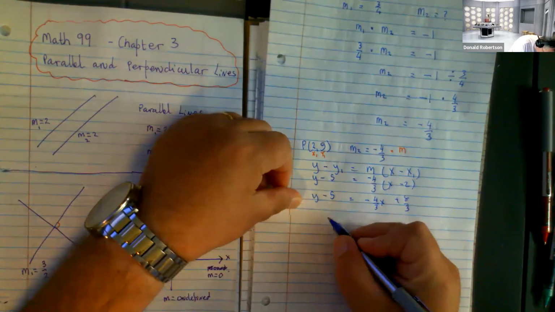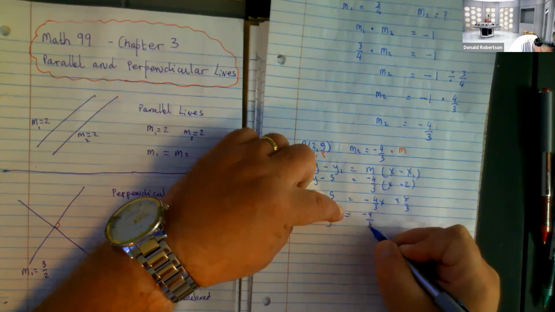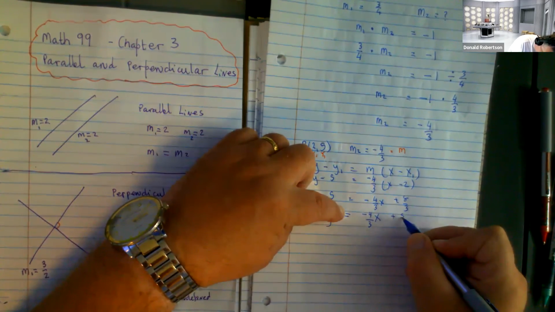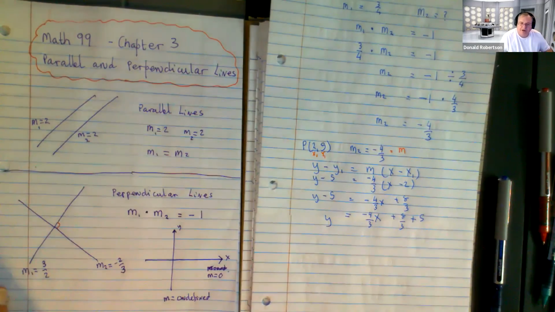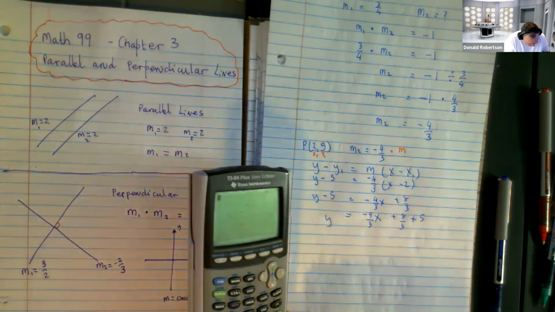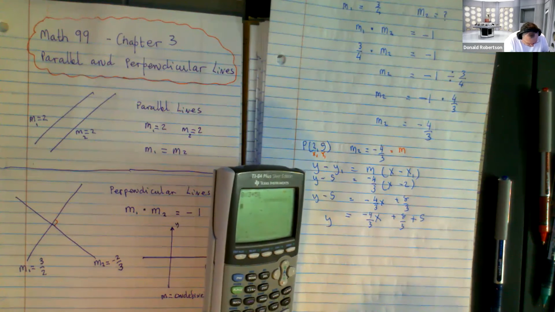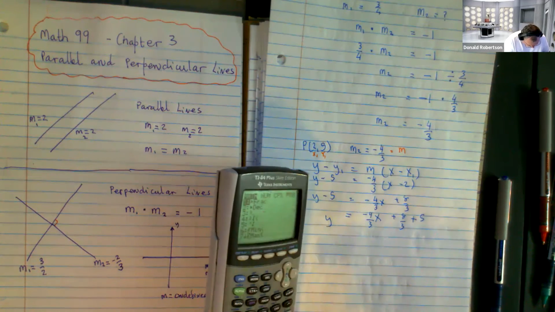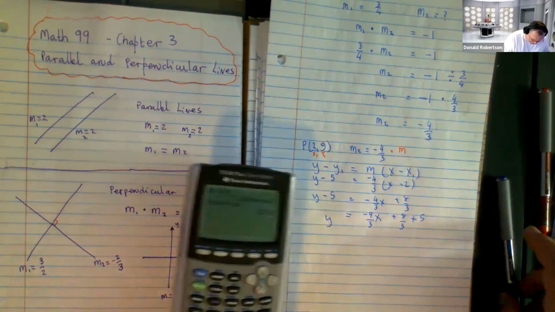And then I'm going to add 5 to both sides. And since this is a little bit awkward to do, I'll write the calculation down, and then I'll get my calculator to do it for me. So 8/3, add 5. Hit the math button, choice number 1, and the answer I get is 23/3.